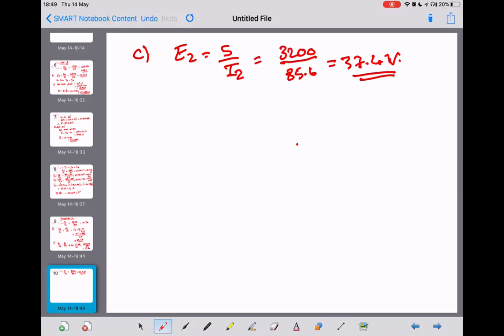If you step voltage down, which is what you're doing in this case, you step current up. So in this transformer, you're going from 110 volts down to 37 volts, and you're going up from 10.7 amps to 85.6 amps, because the VA has to stay the same on both sides.